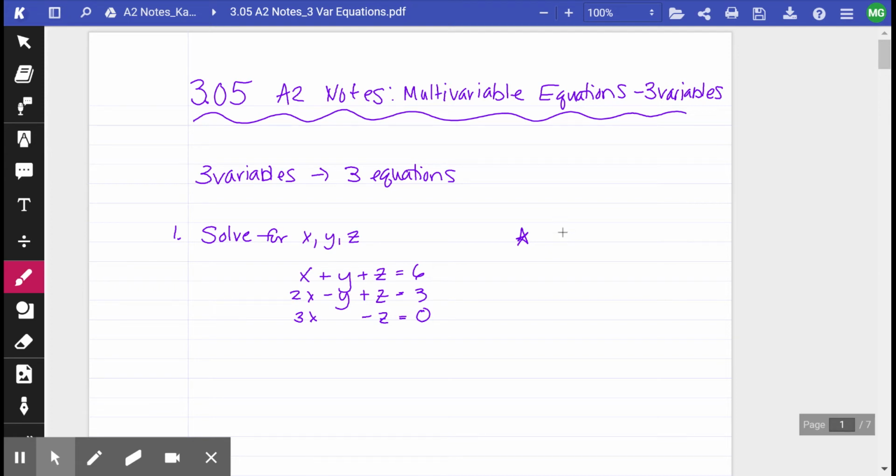And you want to eliminate the same variable twice, because you want to get two equations in the same two variables.